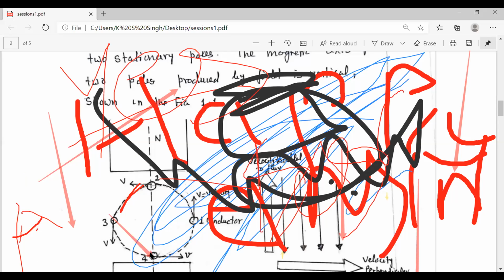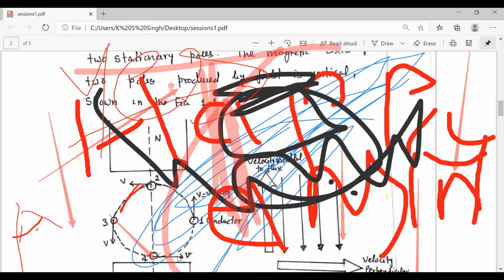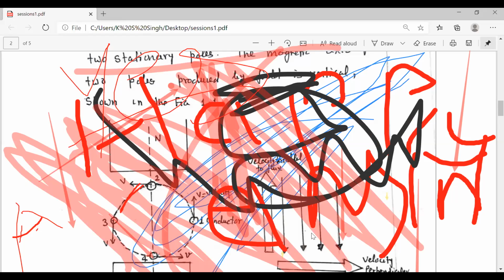At point 4, the velocity is perpendicular to the flux, so the induced voltage is maximum.